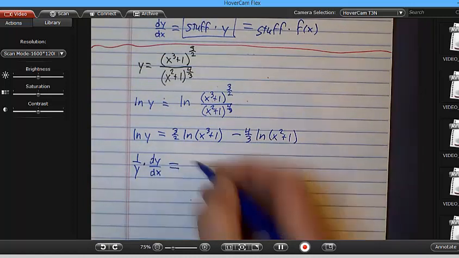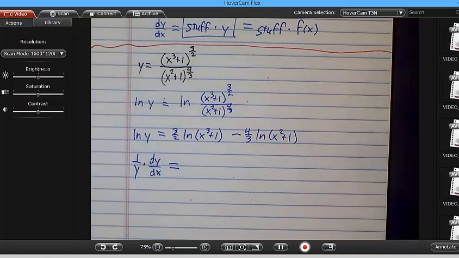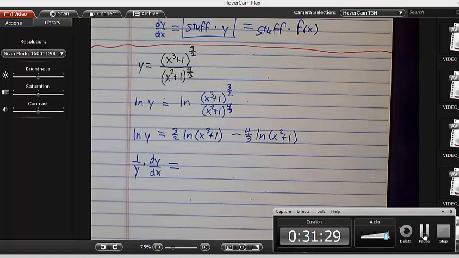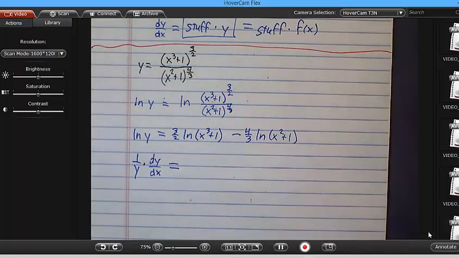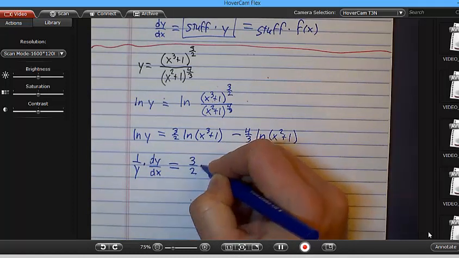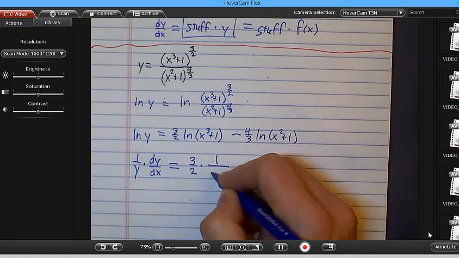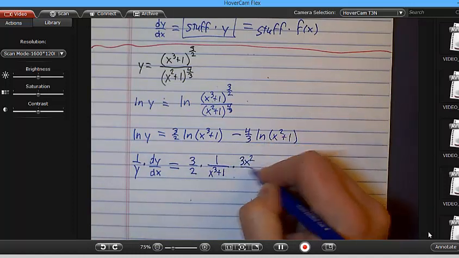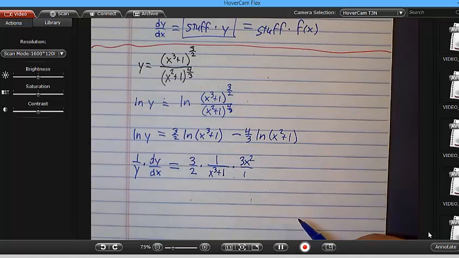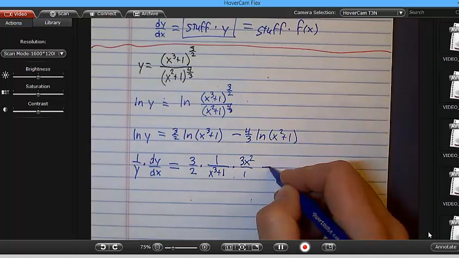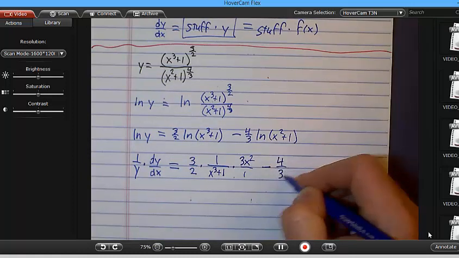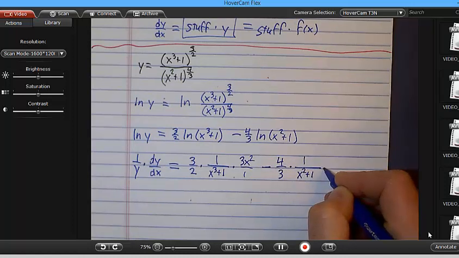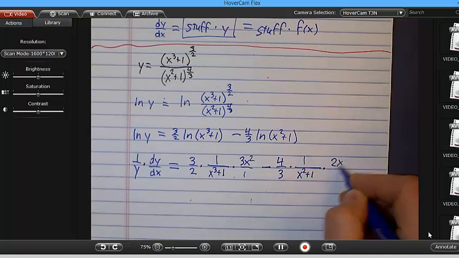On the right-hand side, I should pause and let you guys write down what you think we get. So let's see, I have 3 halves times 1 over x cubed plus 1 times 3x squared. That's how I do the first one. Is that good? Minus 4/3 times 1 over x squared plus 1 times what? 2x, right?